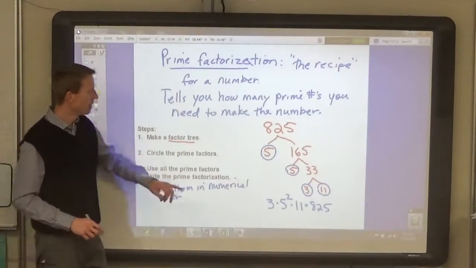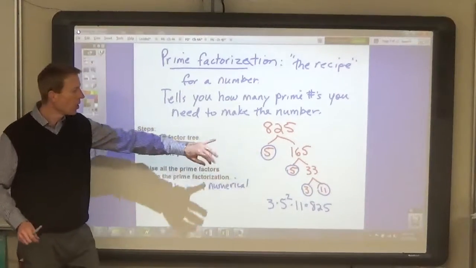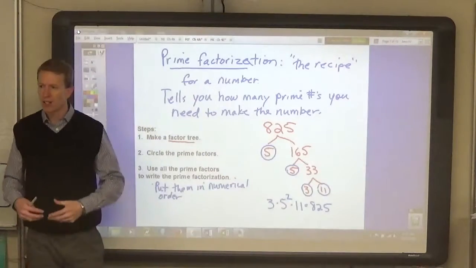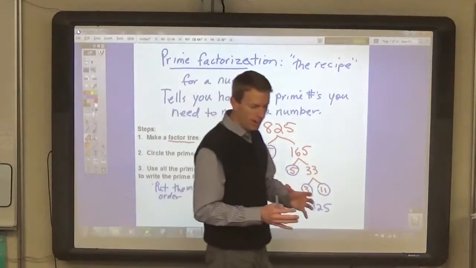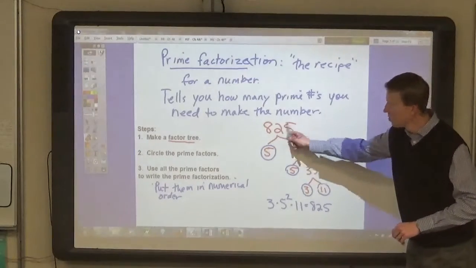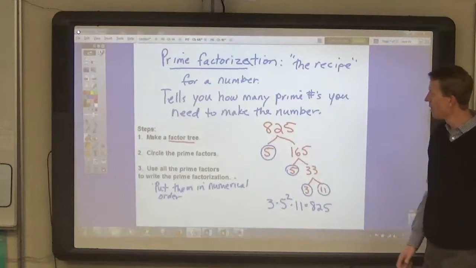So I'll use this as an example, and you can write this example down now. If you start with the number 825, and you're going to write the recipe using only prime factors, you can find those prime factors by using the divisibility rules, figuring out what numbers go into 825.